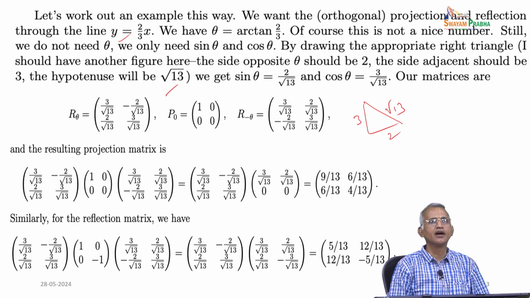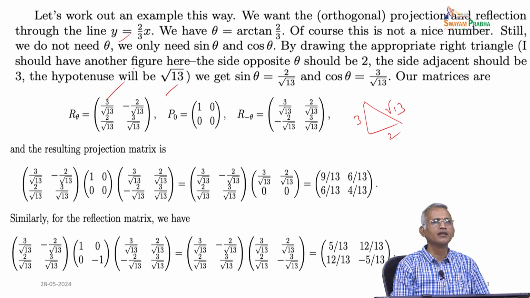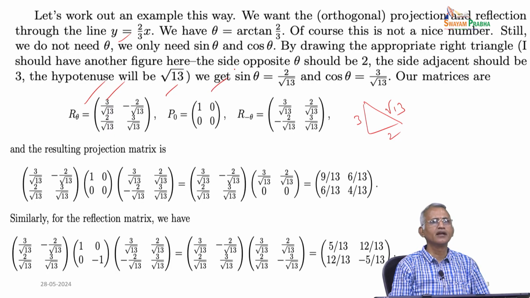Therefore, our matrices are what? R theta equal to 3 by root 13, minus 2 by root 13, 2 by root 13 and 3 by root 13. Therefore, P naught equal to 1 0 0 0, R of minus theta equal to 3 by root 13, 2 by root 13, minus 2 by root 13, 3 by root 13.